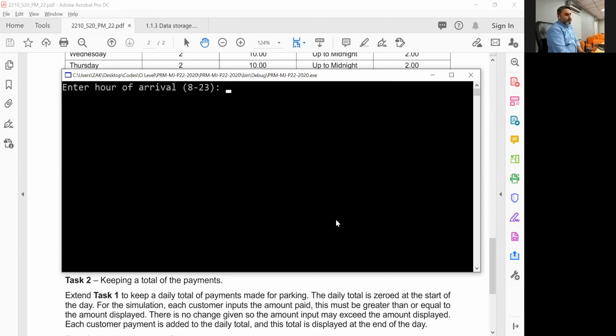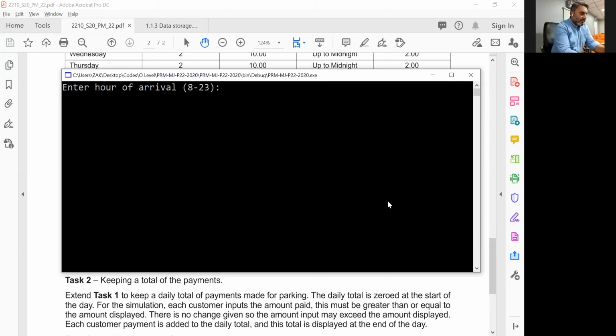There is no point getting the data for the day again and again and again. Since it is the same day, this total is displayed at the end of the day. So we are not going to take the day as input again. So this is for the second customer.